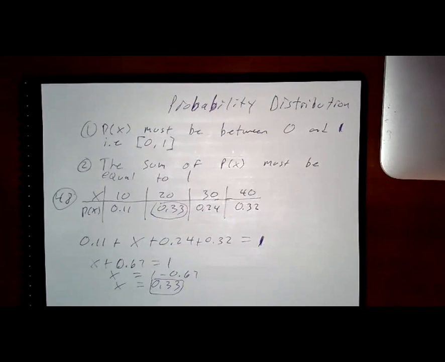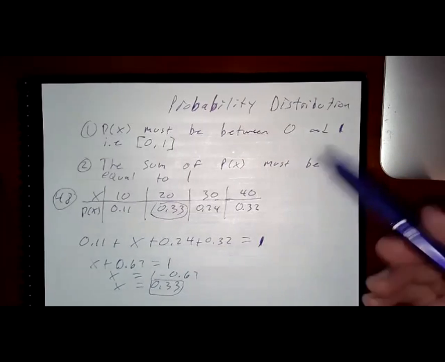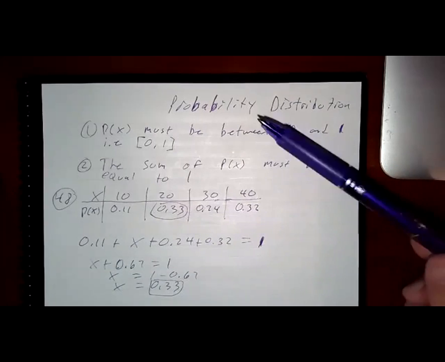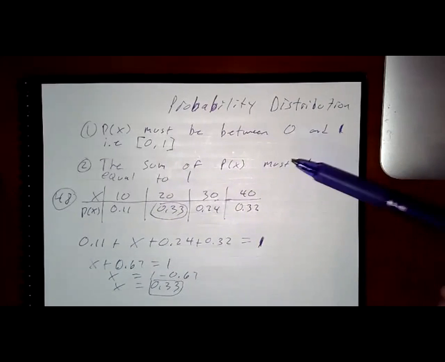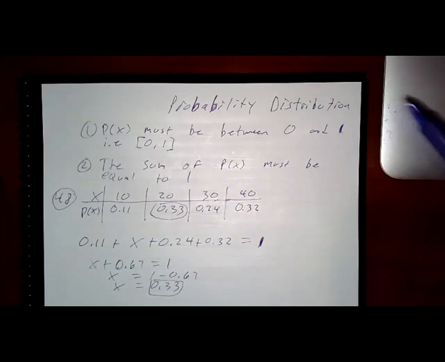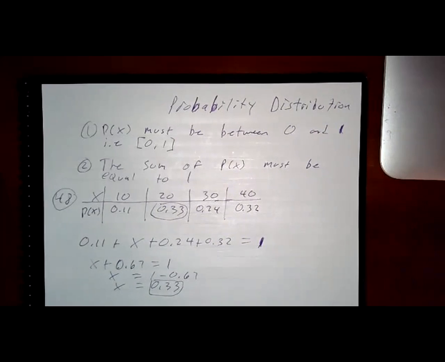Those are chapters we didn't go over too deeply at all, really. But you're only going to have a few questions like this, so just make sure you understand these two rules. These two rules define if it is or is not a distribution. So 49, same type of deal.